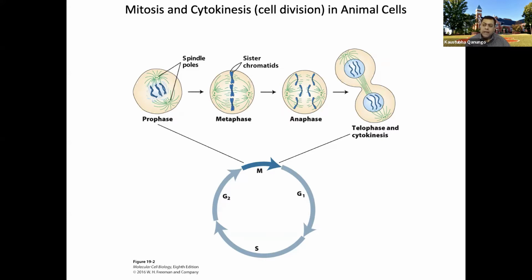But in prophase, these chromatins, or the DNA, are going to condense and wrap around the nucleosomes, and it's going to just wrap and wrap. And these coilings will happen where you can see or visualize these chromosomes. Along with that, your mitotic spindle poles will form.